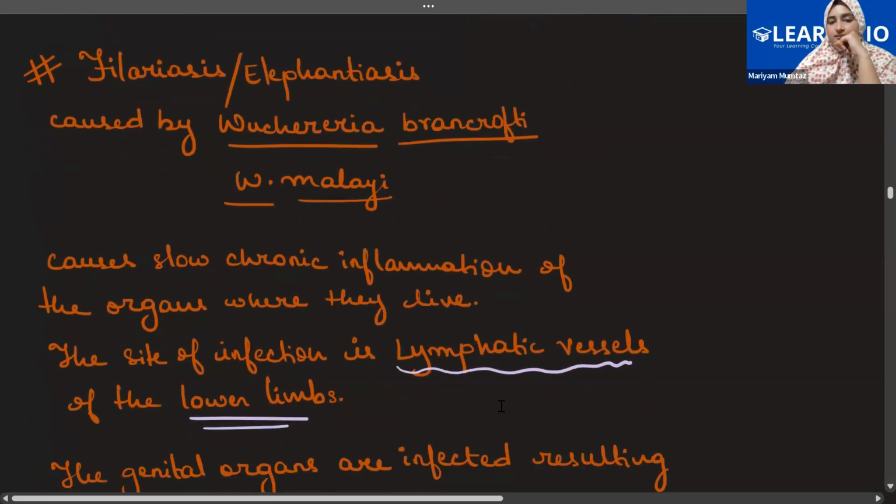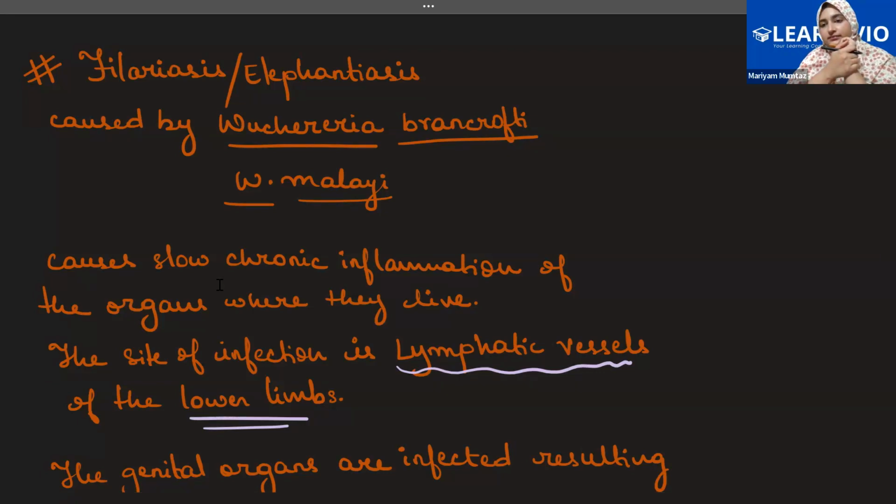Now, the next helminthic disease or the worm disease is filariasis or elephantiasis. Now, all of you open your books and look at the picture of filariasis that has been given in your book. Everyone, open your NCERT book. If you don't have your book, you can get your book and then you can see it.